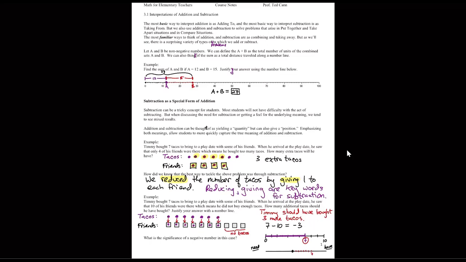All right, so I've gained 7 tacos, but then I could go the other way and say, but I need 10 of them. So I would take 10 steps in the other direction by saying 1, 2, I need 10. So 3, 4, 5, 6, 7, 8, 9, 10.